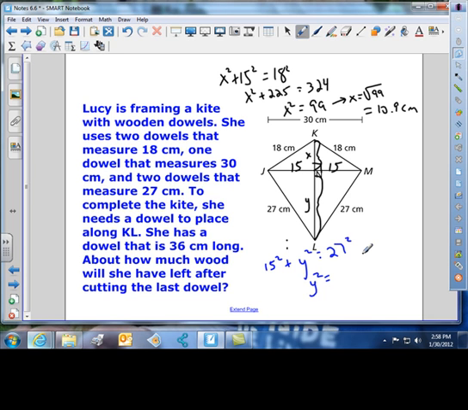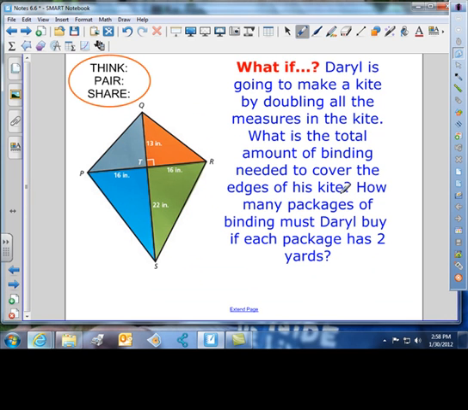Hopefully you do. If you do, take 27 squared and subtract 15 squared, and then take the square root of that number. Add the X and the Y then, and that finds the measure of KL. Actually, I'm going to skip over that.